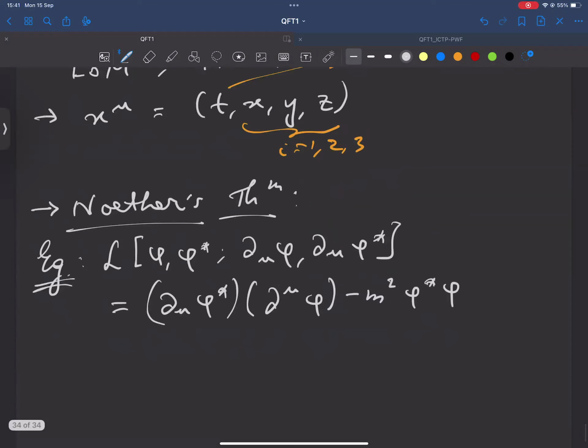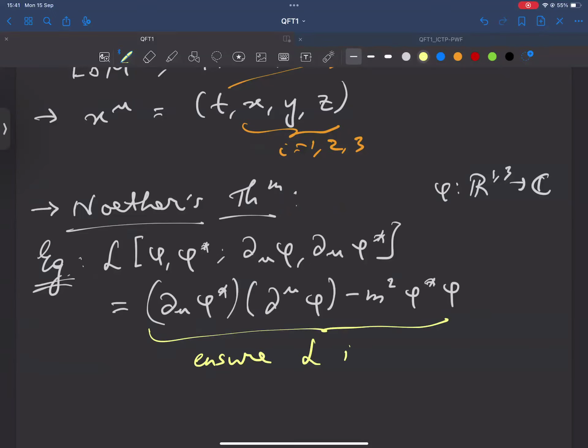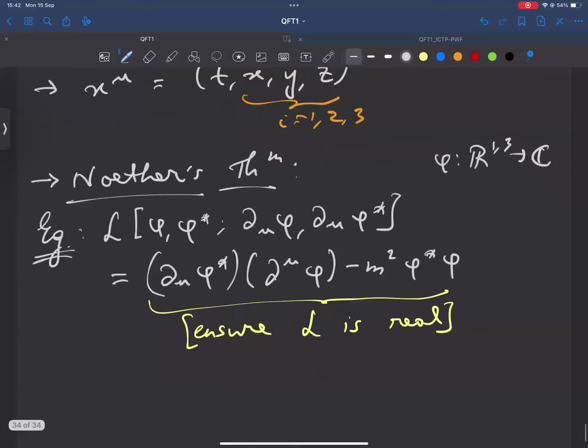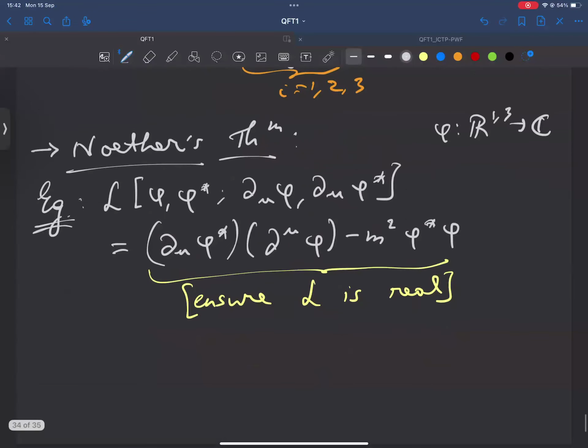So this is the Lagrangian, and because phi is complex, phi maps, as I had said earlier, from space-time to complex numbers. And the way this Lagrangian was written is to ensure that L is real. So that's another physical assumption that we will be taking, that the Lagrangian densities will be real.